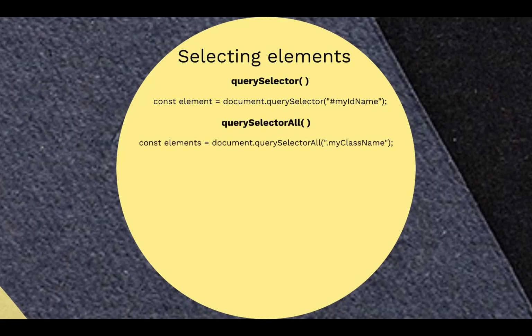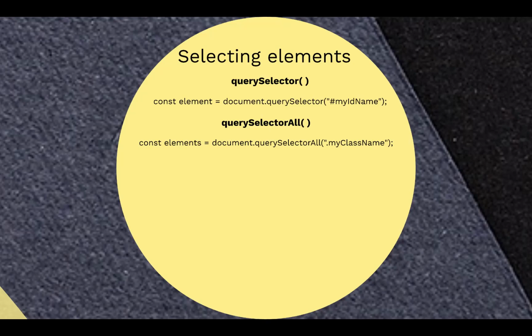Query selector all selects all elements that match the specified CSS selector and returns a node list instead of just a single element. In this example, it finds all elements with the class of my class name, and there could be multiple elements with this class name. So in this case, the constant element could be assigned a list of elements.